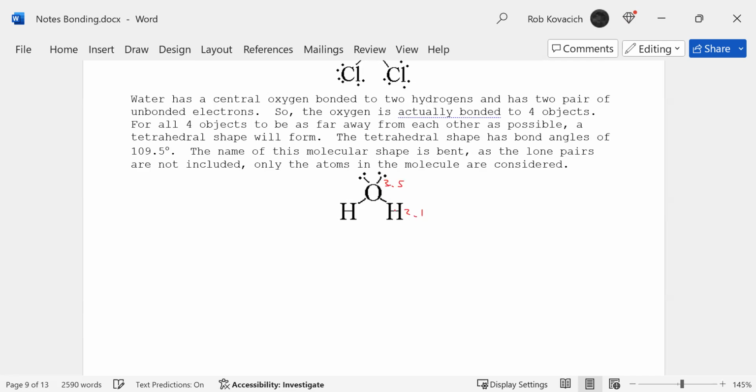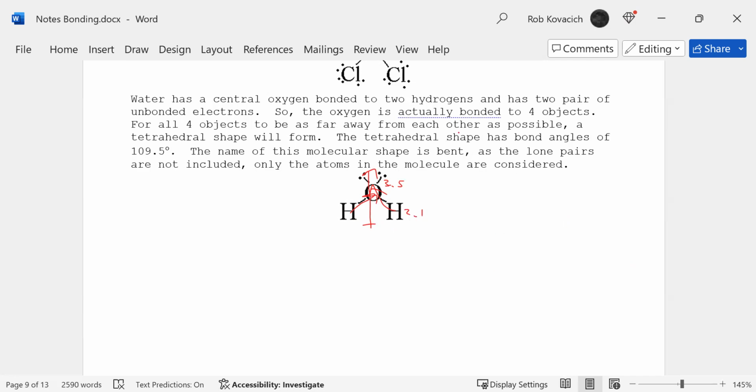So that means the hydrogen's electrons want to spend time with the oxygen, and this hydrogen's electrons want to spend time with the oxygen. So the overall effect is an upward polarness to the water molecule. And so that's why water is polar, because it's bent.